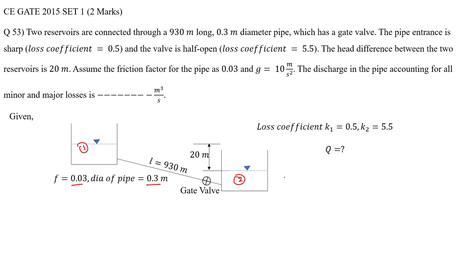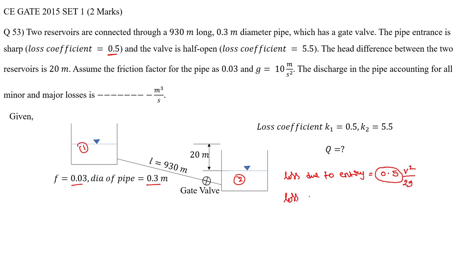Can you tell me the formula for loss due to entry? 0.5 V square by 2g. We know this 0.5, and additionally the question has given the loss coefficient as 0.5 also.